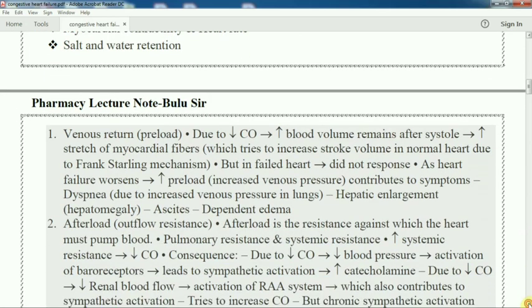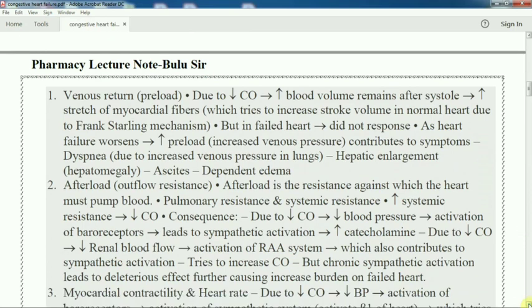See, afterload is the resistance against which the heart must pump blood. Pulmonary resistance and systemic resistance; an increase in systemic resistance decreases the cardiac output. As a result, due to decreased cardiac output, blood pressure decreases, and activation of baroreceptors leads to sympathetic activation and increased catecholamines.